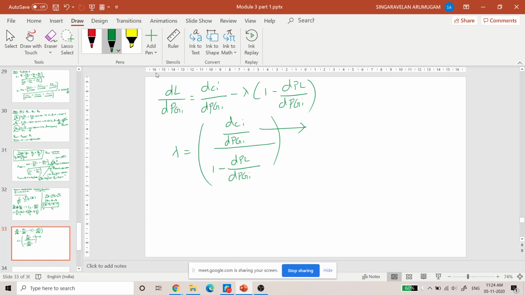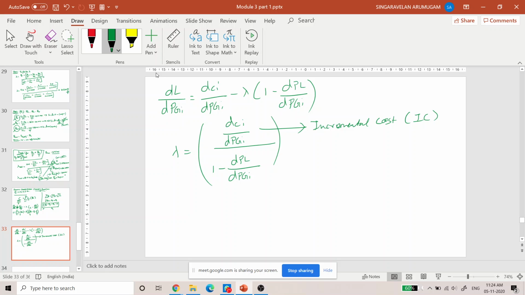What is that? Incremental cost, IC. If you recall, if you go back and check, we differentiated this cost with respect to this, and we call this equation the incremental cost.